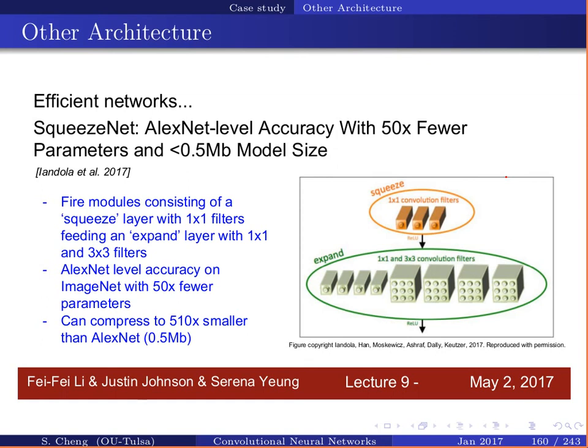The small filter idea is also mentioned a lot, and there's a line of work trying to squeeze the network. There are lots of practical values here. AlexNet and all these other networks are pretty big, and for example in this paper, they claim that you can reduce the number of parameters by 50 times and still keep similar performance.